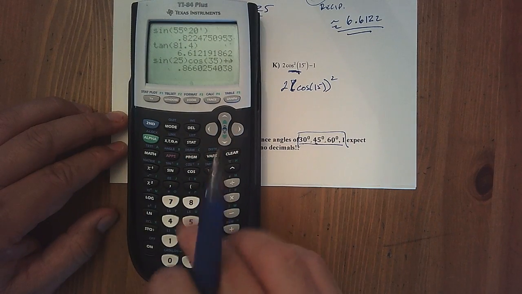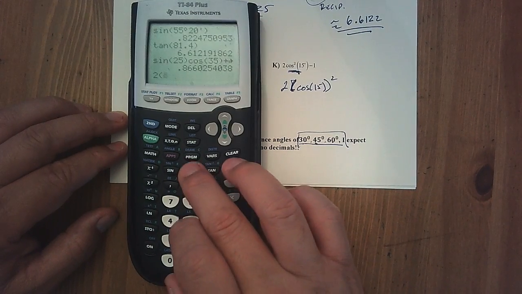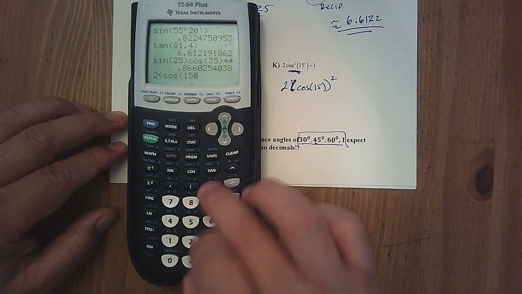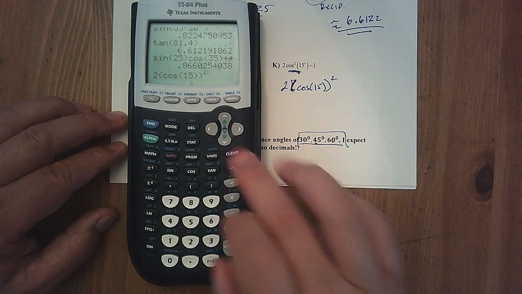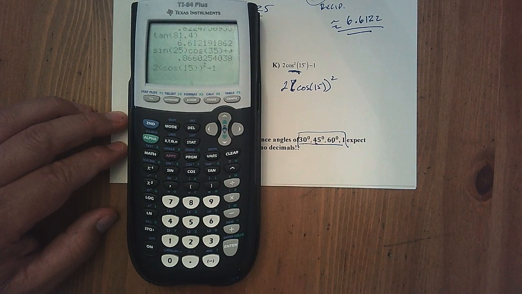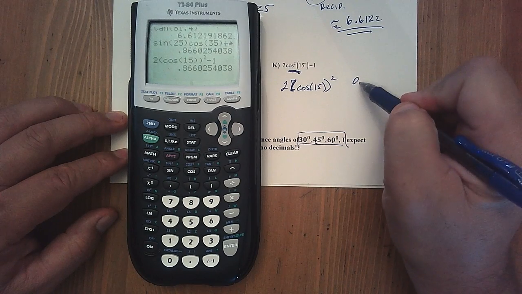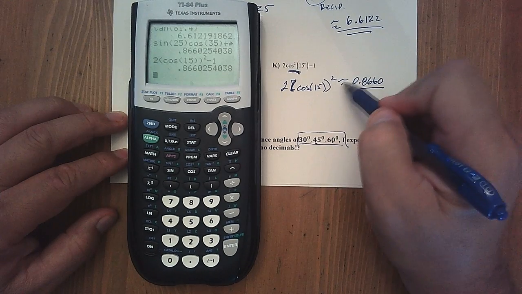Let me do it my way first. Parentheses. We're talking about the cosine of 15 degrees, close parentheses. We're going to raise that to the second power and then subtract 1. All right, and so when I do it that way, we get 0.866 and so on. Again, that's an estimate.